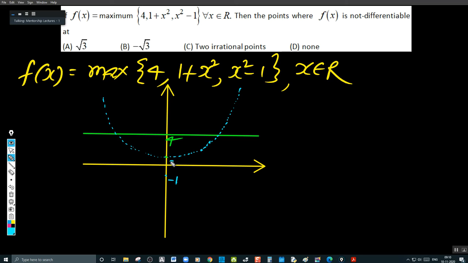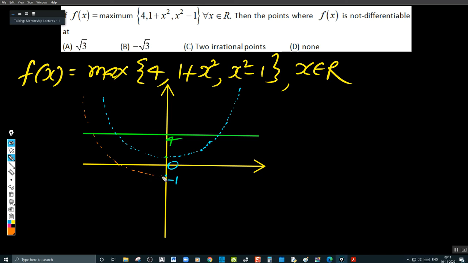Coefficient of x square is positive and hence it is an upward parabola. Now the upward parabola is like this. Obviously, it must pass through minus 1.